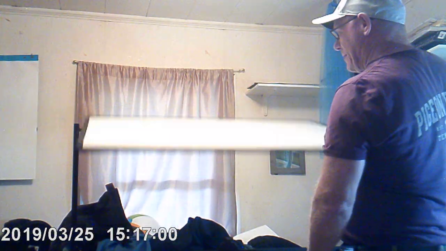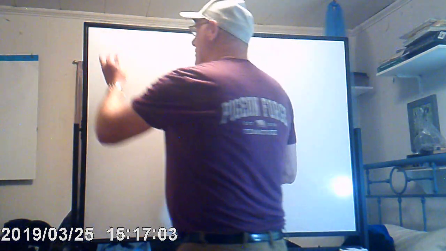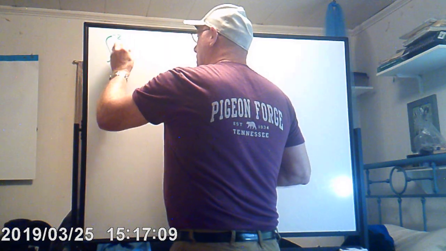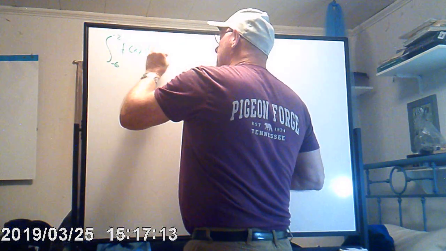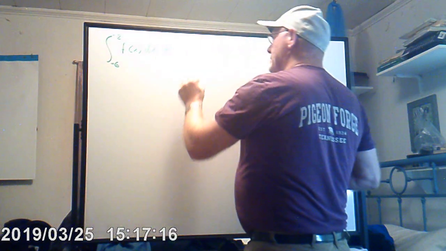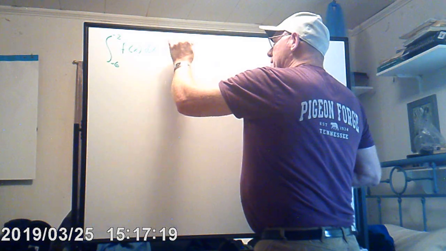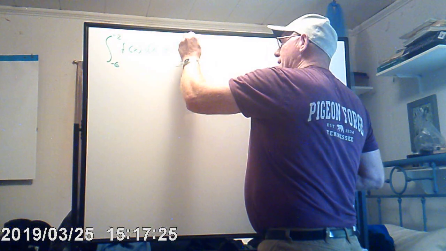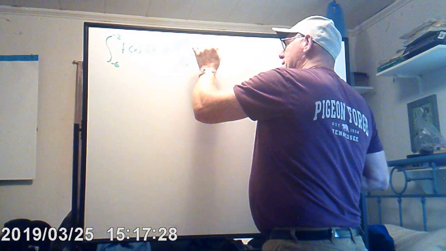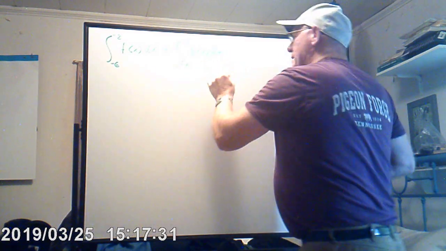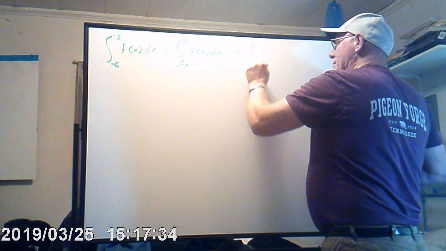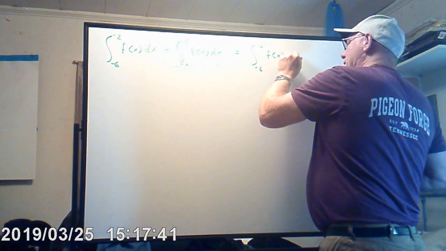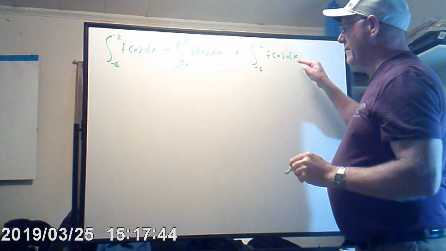Now let's redo it. Now we're going to figure this one out, but it is from negative 2 to 5 of f of x dx. We're going to have to flip back and forth. Now remember, this equals from negative 6 to 5 of f of x dx, but we know that that's equal to 7.